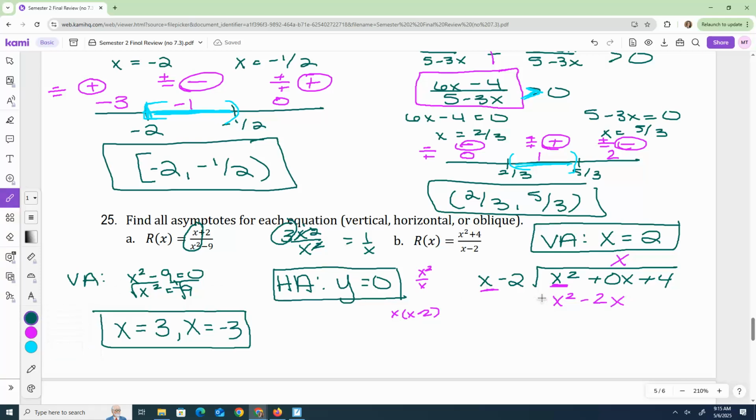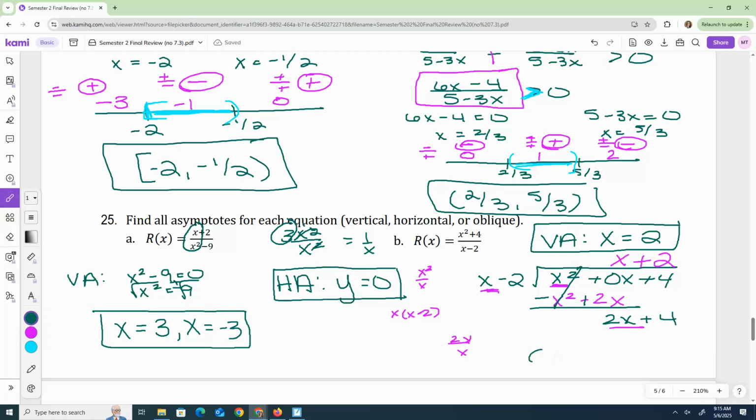We need to subtract that off. So we usually just distributed the negative and then we could add them. Those cancel. 2x plus 0x is 2x. You can bring down your plus 4. Now it's back to the first step. Divide. What is 2x divided by x? 2. And that's all you need.